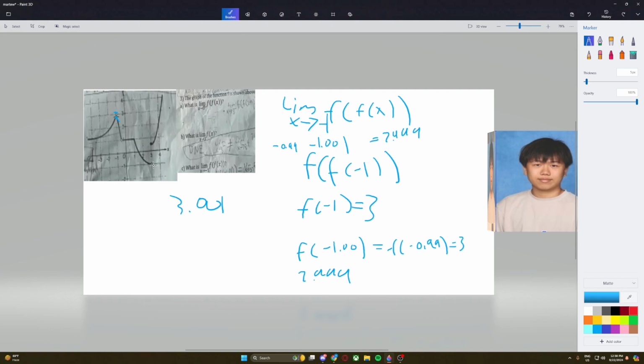Knowing that this limit will never pass 3, it is f of 2.999 after you substitute 0.99 for f of x at negative 1. And we know f of 2.999 from the previous problem, which is the left limit at 3, which is negative 1.